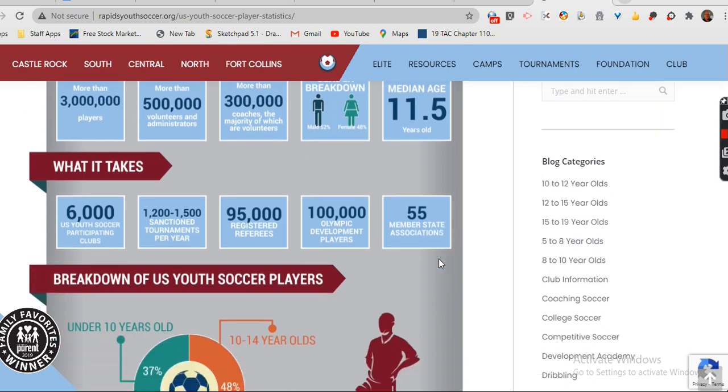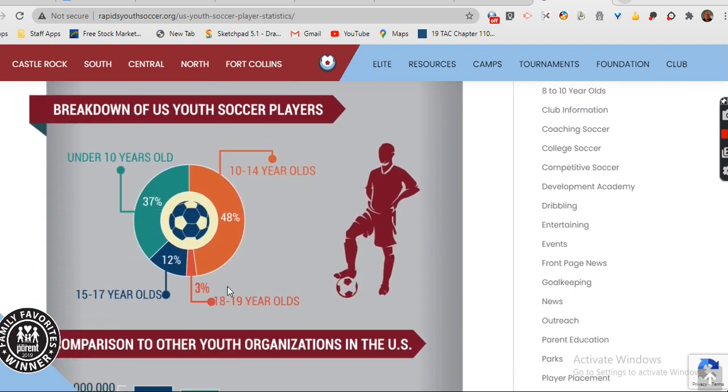Well, let's look at this. I'm going to scroll down a little bit farther. Check out this breakdown. This little chart tells us that the largest percentage of these 3 million students that play soccer are between the ages of 10 and 14, 48% of them. That means almost 1.5 million soccer players are between the ages of 10 and 14. The next largest group is under 10, and that's 37% of it.